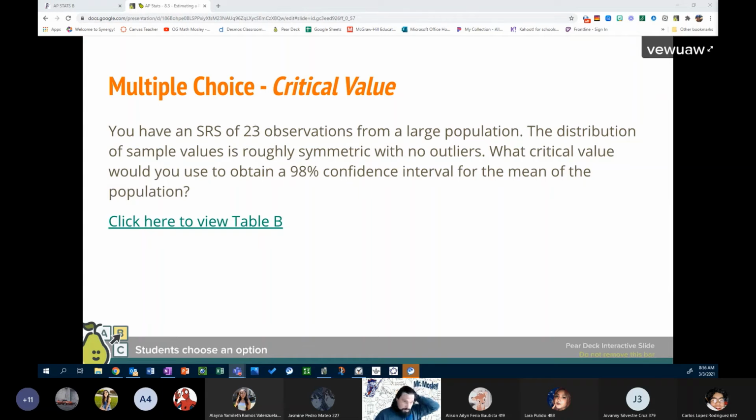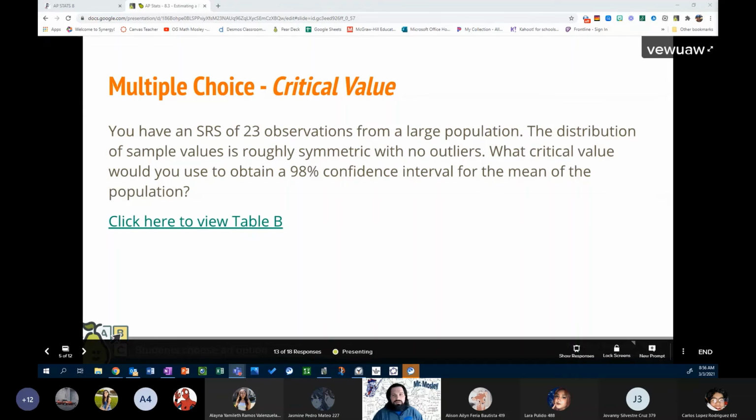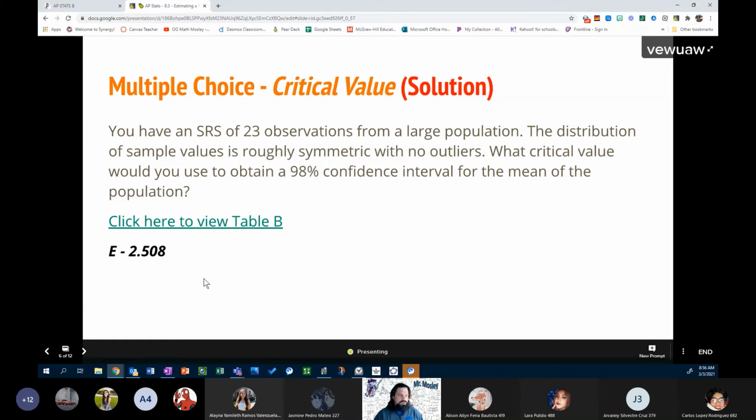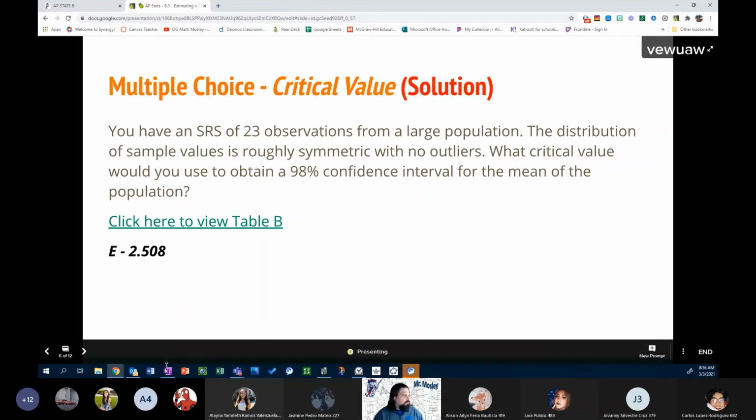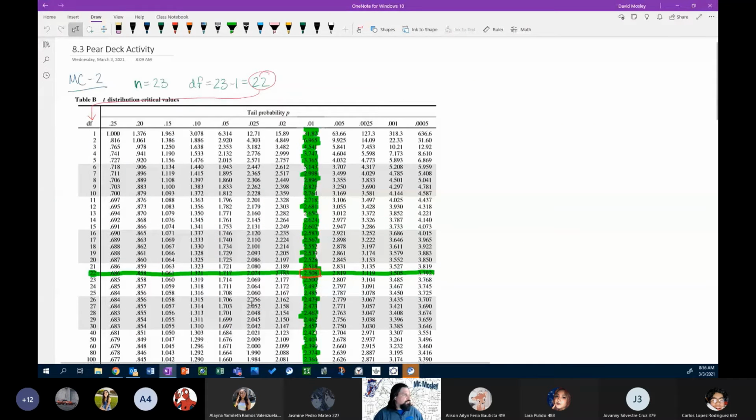Alrighty. So on this one here, the correct answer was E, 2.508. All right, and let's look at where we get that from. If we're looking for this problem here, we have a critical value. We had an n equals 23.